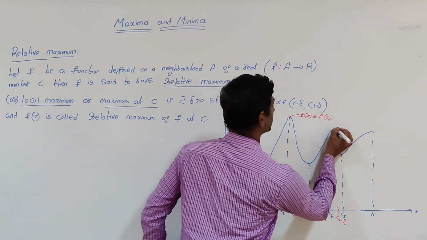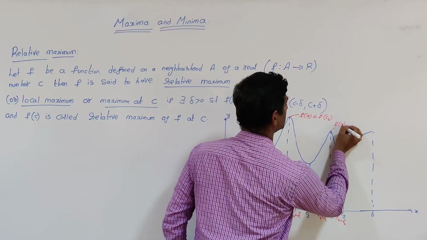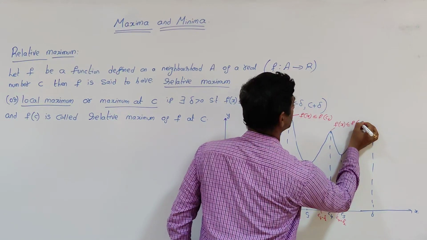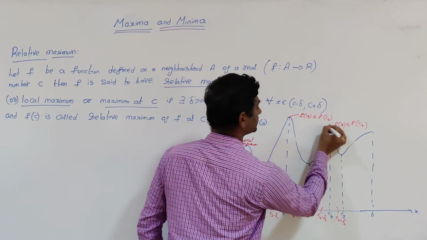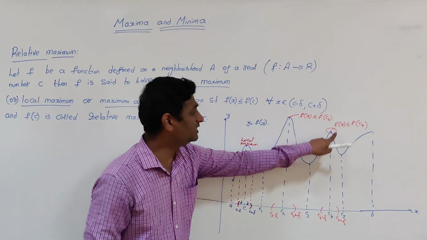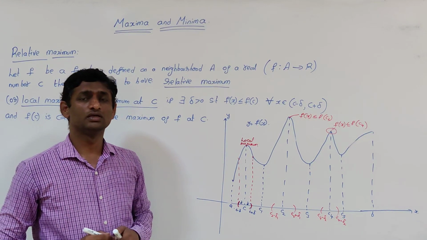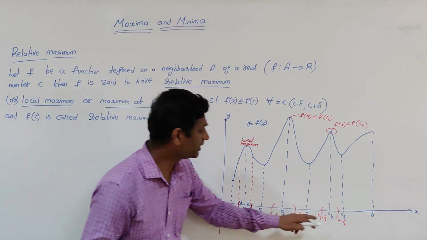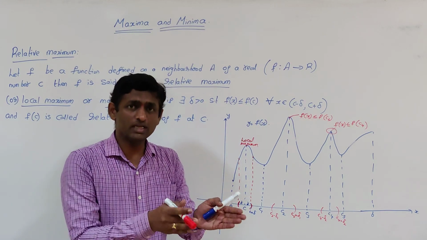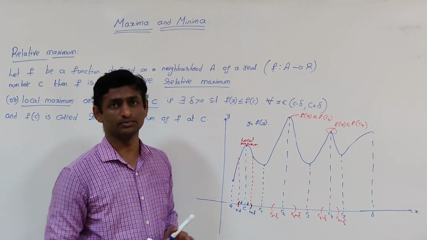So f of x is less than or equal to f of C4. This f of C4 is called the local maximum of the given function at x equal to C4, which is only for nearby points, not for all.